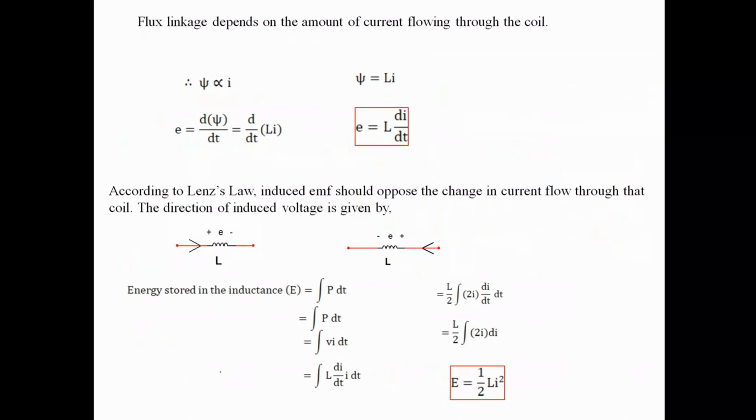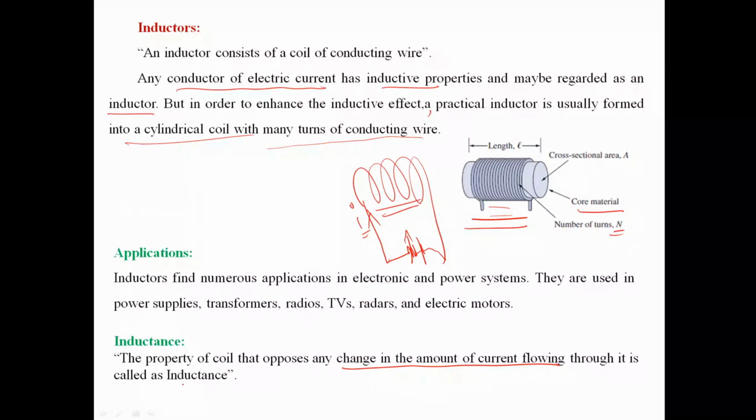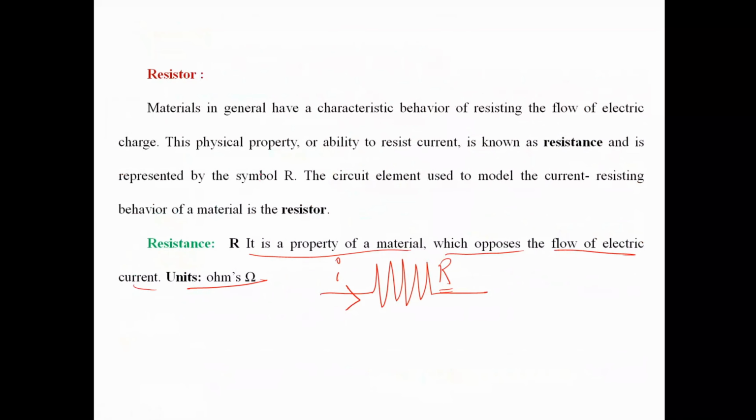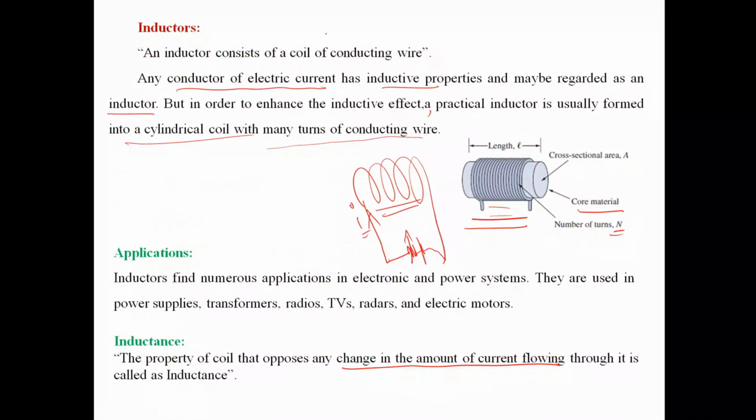You all well know that whenever a current is carried by a wire, it produces a flux. So now look at this coil. This coil is carrying a current I, and this produces a flux in this coil like this.